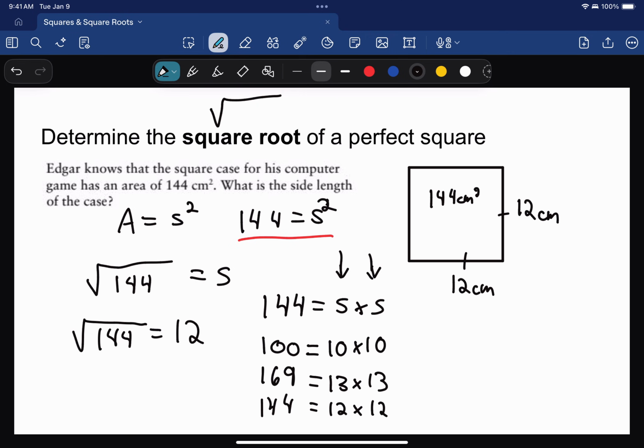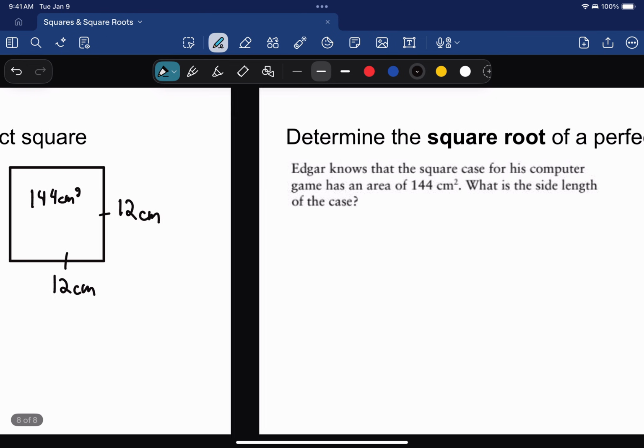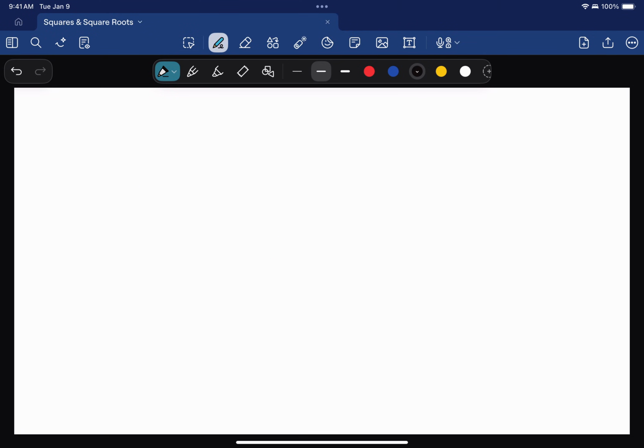So that is square root. Okay, so let's do just one more quick example here. So we found the square root of 144 equals 12. Okay, if we did the square root of, what about 4?